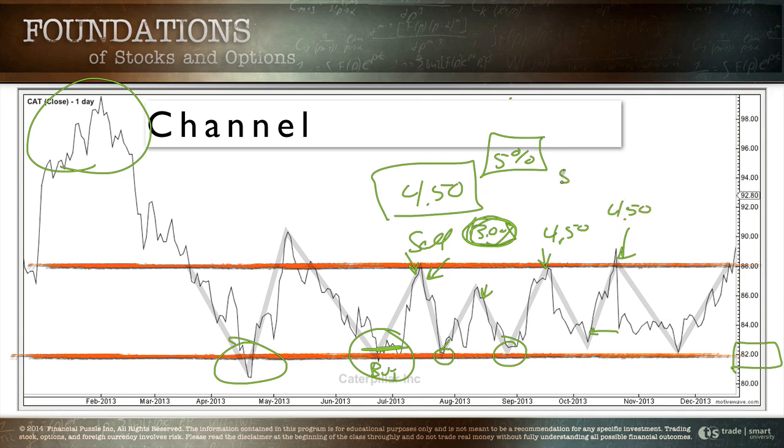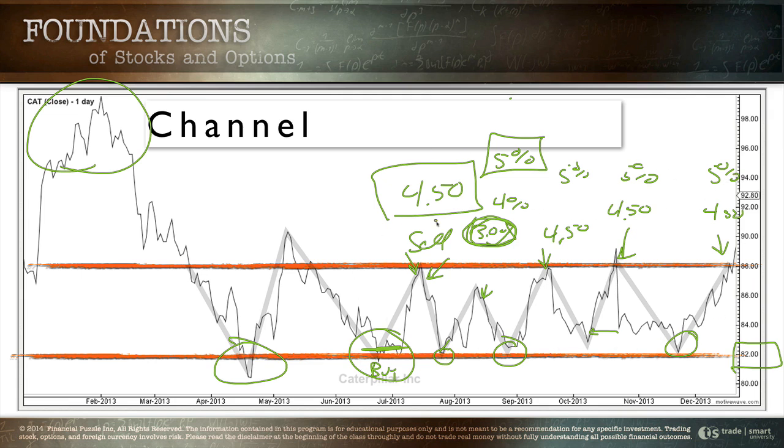So we got 5%, we got 5%, we got another 5%. We had a little bit less than 5% over here. I don't know what $3 is divided by 82, but it's probably around 4%, maybe 3.5%. Then finally, we had another opportunity. We can jump in here about $83, get the same $4.50. There's another 5%.